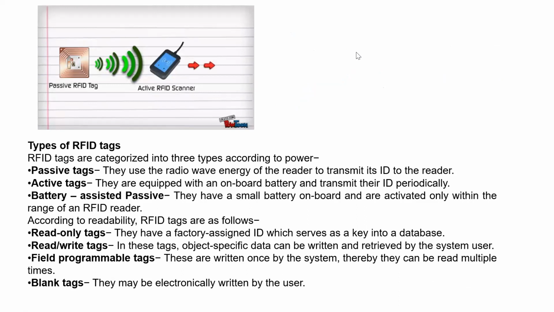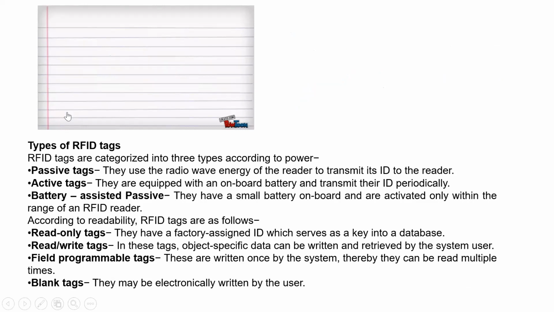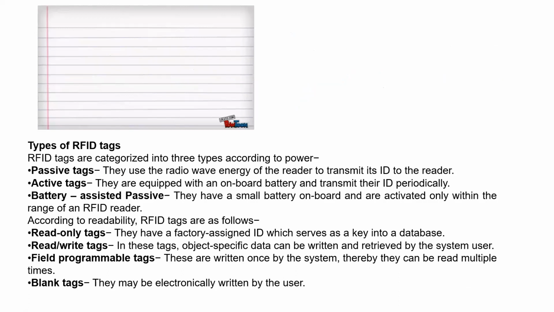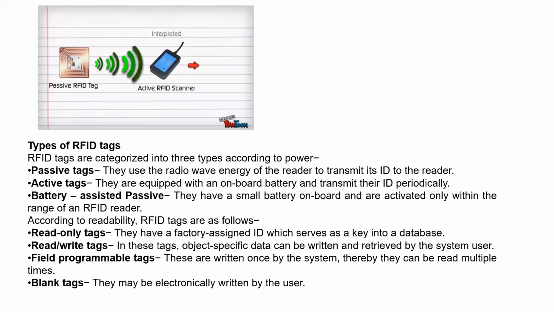Here you can see what is happening in the RFID system: there is a tag, a scanner, meaning the reader, and then a server, that is your computer. Information is transmitted to the reader, and from the reader it is transmitted to the server.